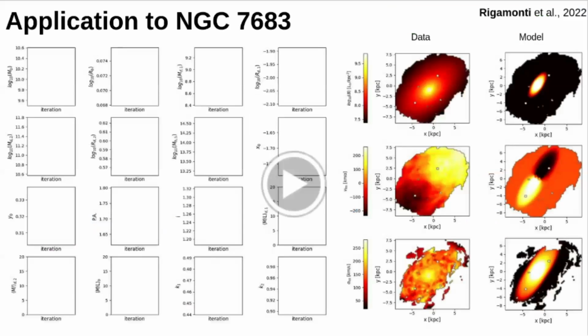Now, to let you appreciate how the actual parameter estimation works, this is an example, NGC 7683, from the CALIFA survey. These are the kind of data we deal with: the surface brightness, the line of sight velocity, and the line of sight velocity dispersion. And these are the parameters as a function of iteration.